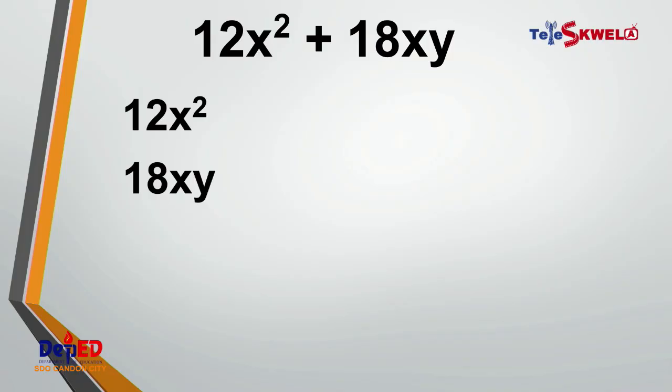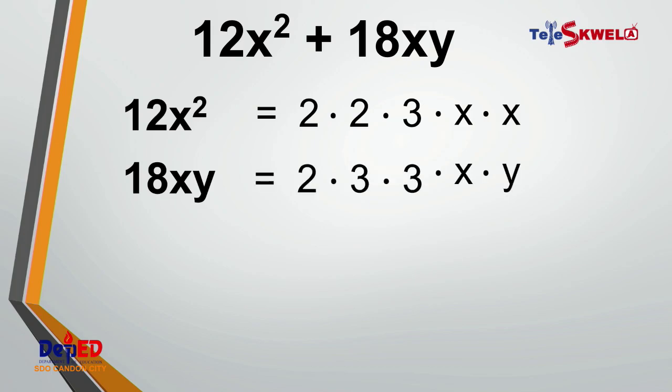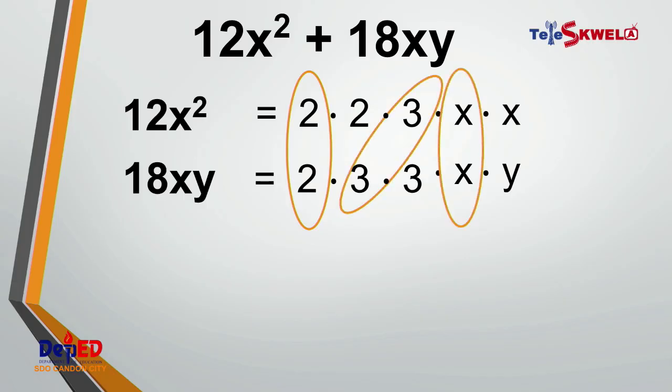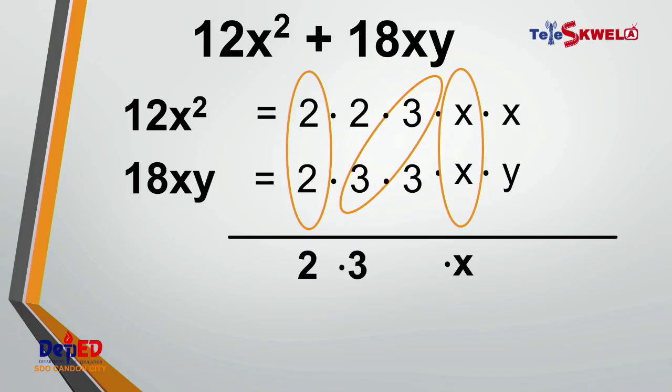For 12x squared, we have 2 times 2 times 3 times x times x. And for 18xy, we have 2 times 3 times 3 times x times y. Next, we identify the common factors and get their product. In this case, we have 2 times 3 times x, which is equal to 6x. Therefore, the GCF will be 6x.